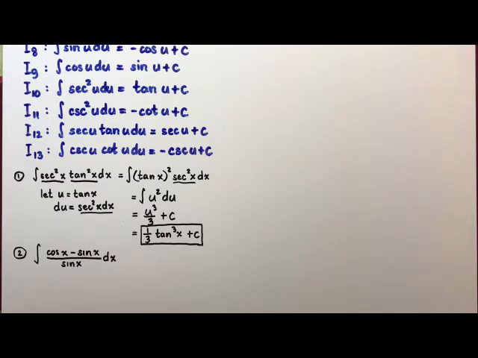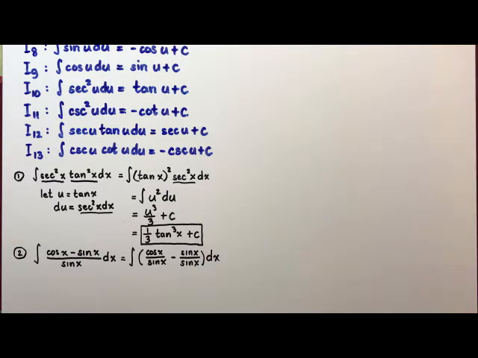Now one thing we can do here is to separate this binomial in the numerator. So I can rewrite the integrand as the integral of cosine x divided by sine x minus sine x over sine x. So I divide the two terms individually by sine x here.